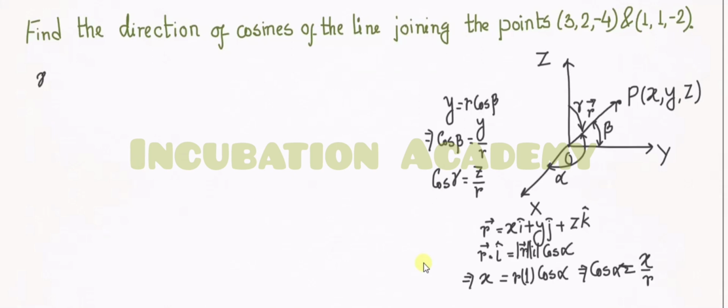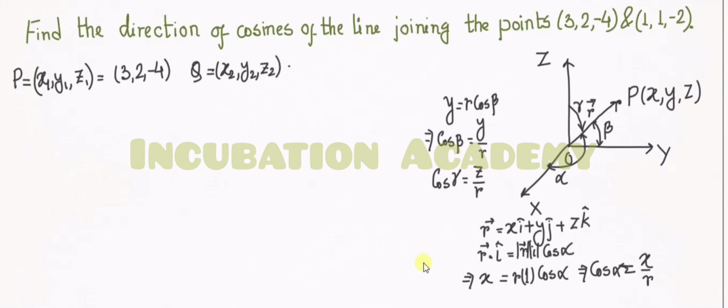We can denote x1, y1, z1 as the coordinates of the point P, which is given as (3, 2, -4), and the coordinates of point Q as x2, y2, z2, which is (1, 1, -2). Let us find the PQ vector.